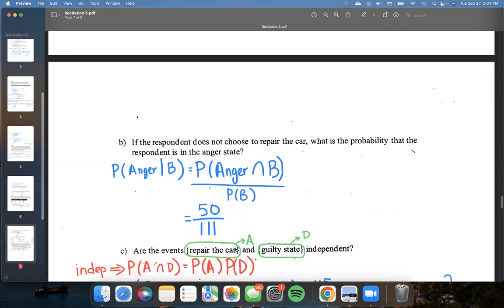Let's say event A is repair the car, and event D, I just named that guilty state. And A is the column that I named above.